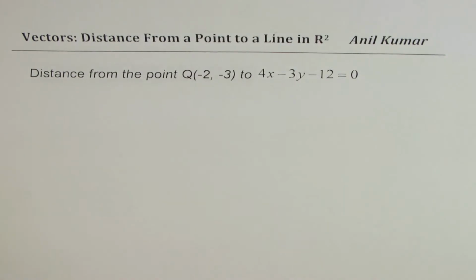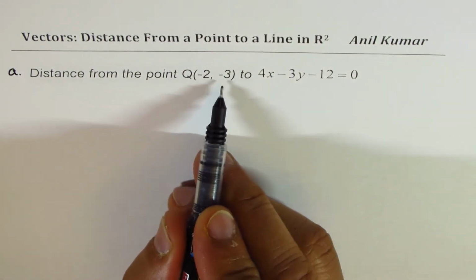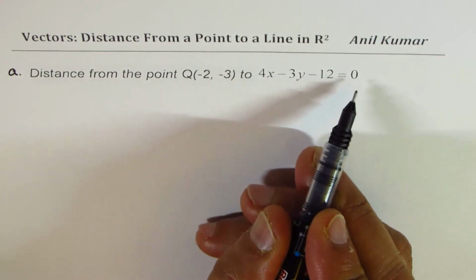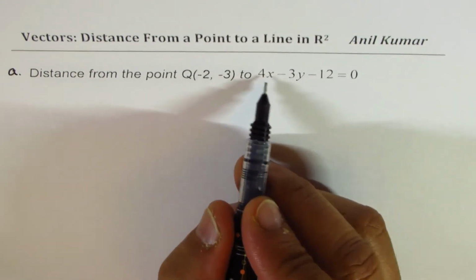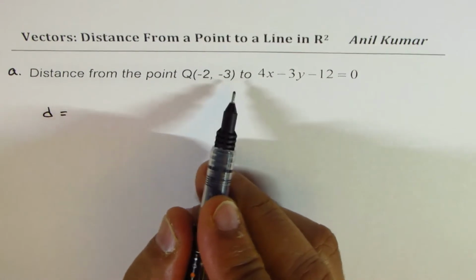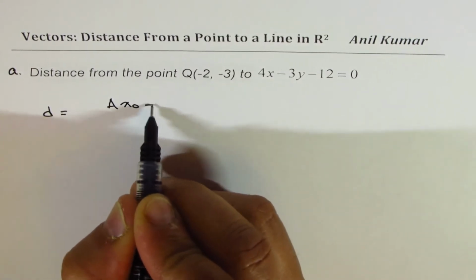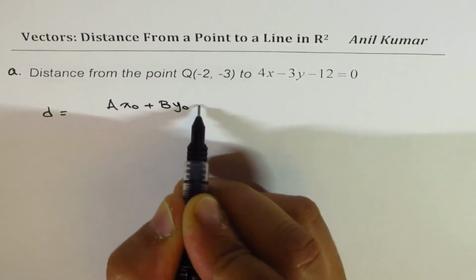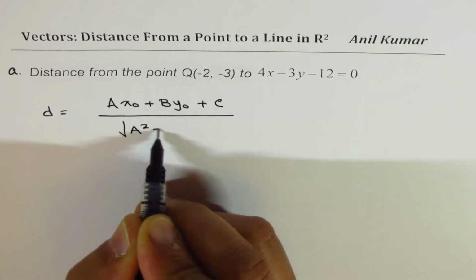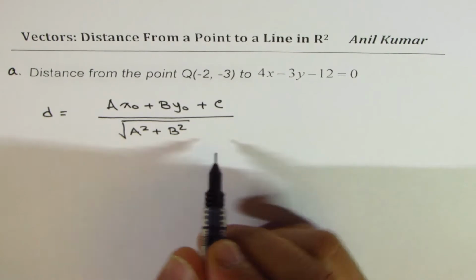So part A was to find the distance from the point Q to the line 4x - 3y - 12 = 0. Since this is in Cartesian form, the shortest distance D can be written as |ax0 + by0 + c| divided by the square root of a squared + b squared.